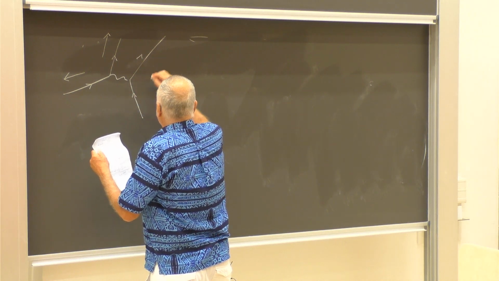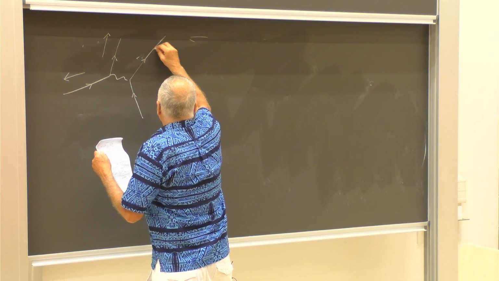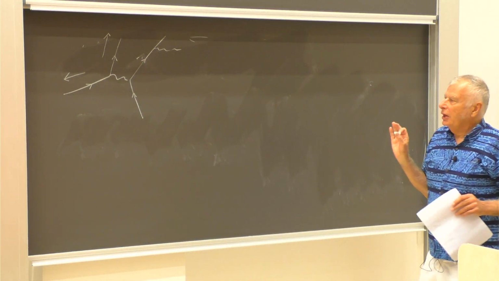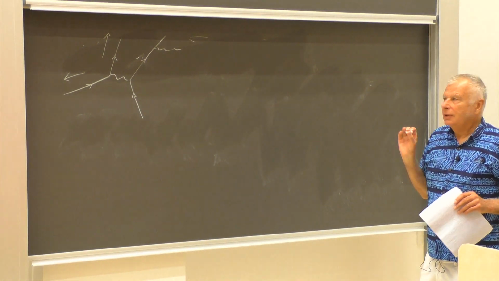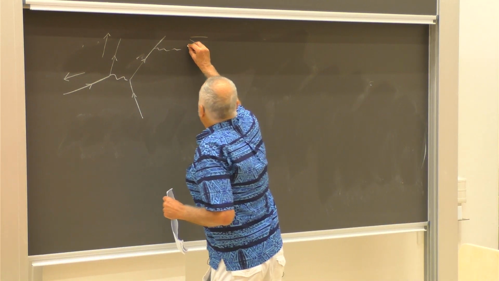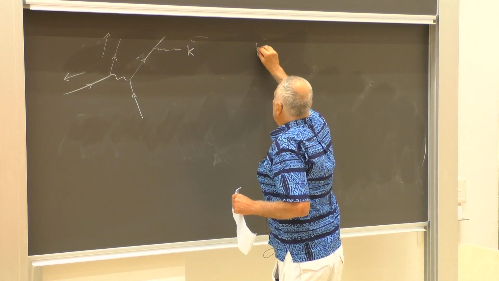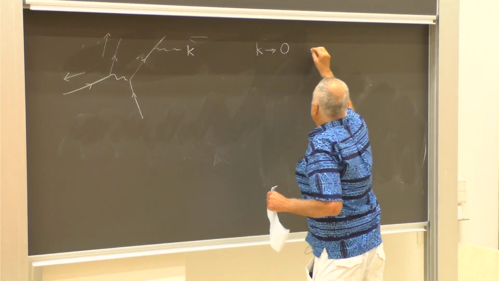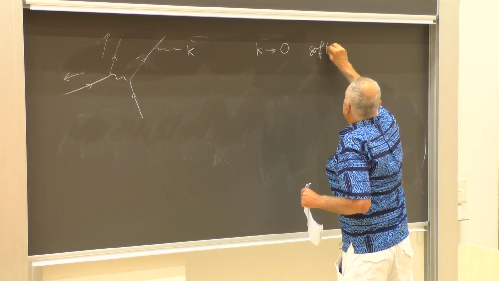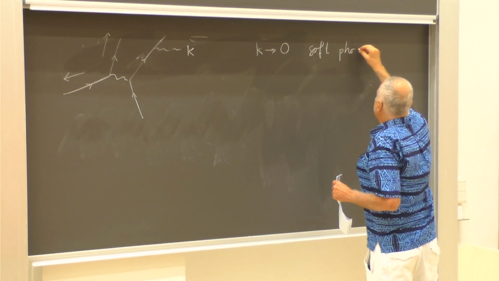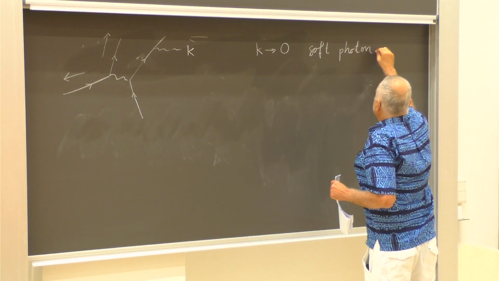And you have photons emitted from all possible places. I'm focusing here on the tree level. Now, let's consider amplitudes which involve a photon with a momentum which goes to 0. This is called a soft photon. I will repeat later the same argument for a soft gluon.